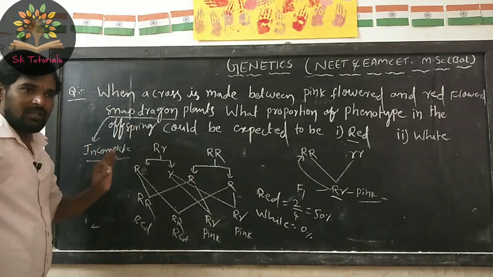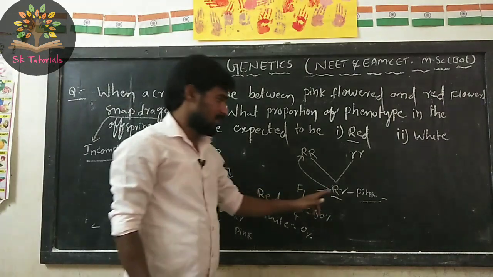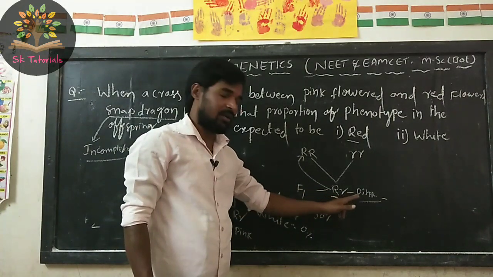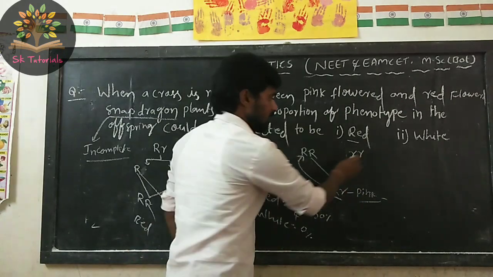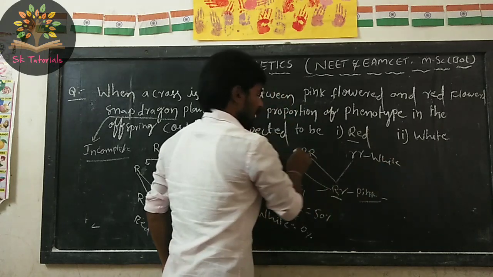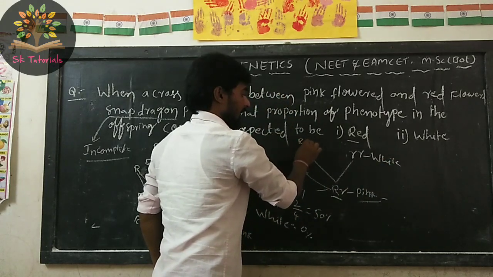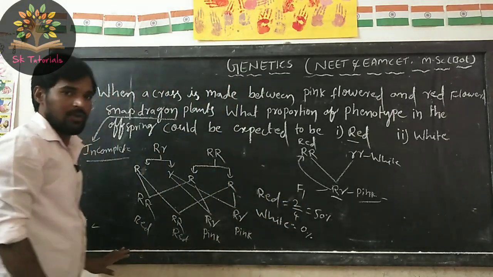We have to recall the incomplete dominance class. In incomplete dominance, capital R small r denotes the pink flower, small r denotes the white flower, capital R denotes the red flower. Okay, so this is a simple answer.